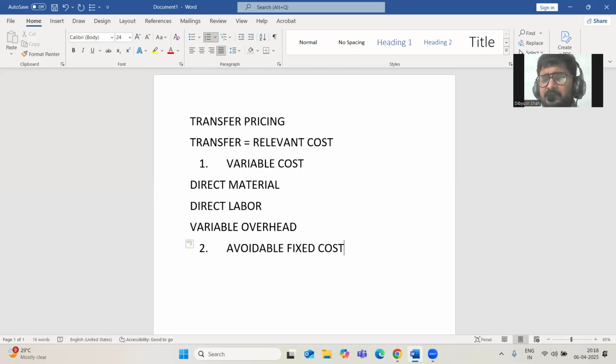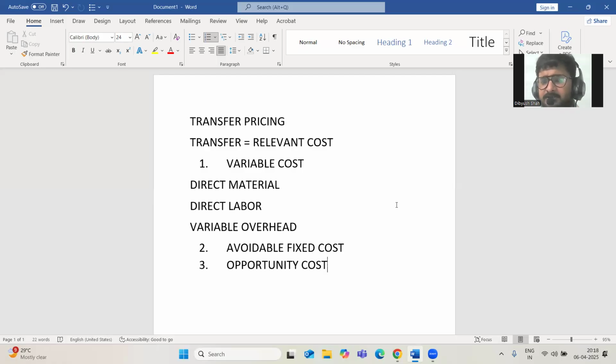Any extra fixed cost that I am incurring because of this decision. And next, always we have opportunity cost, that is the benefit foregone when choosing one course of action among multiple courses of action. So this is the first concept.